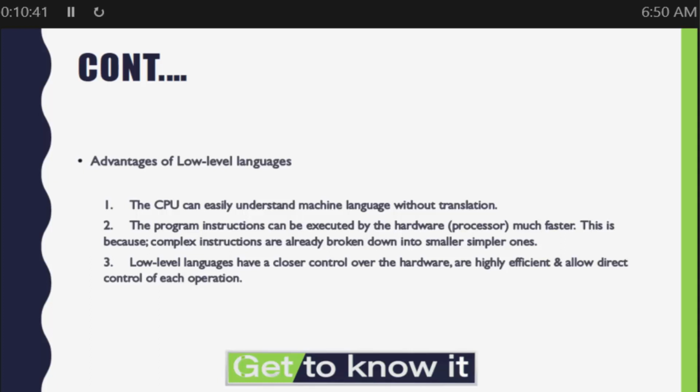That is self-explanatory. Low-level languages have closer control over the hardware and are highly efficient, and allow direct control of each operation. With low-level languages, they have closer control over the hardware because, as we have mentioned, these languages are usually machine hardware oriented. So they will be controlling what the hardware is doing.